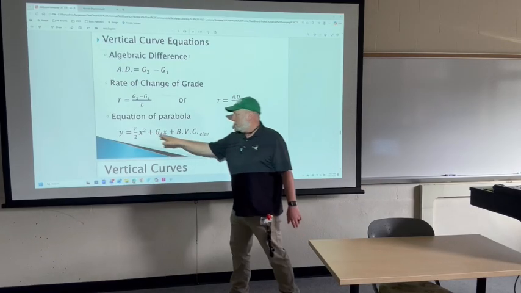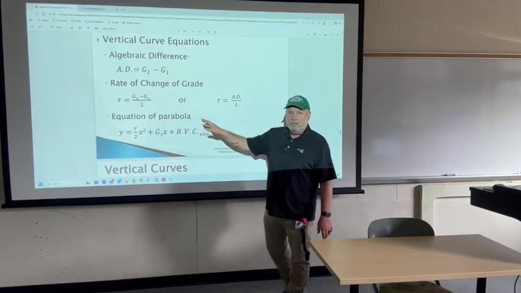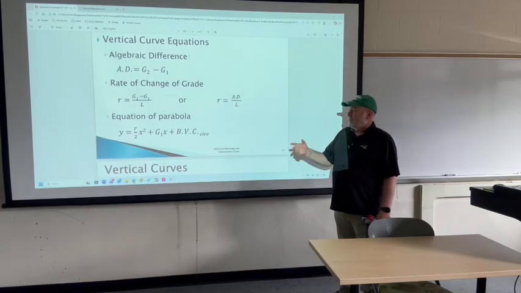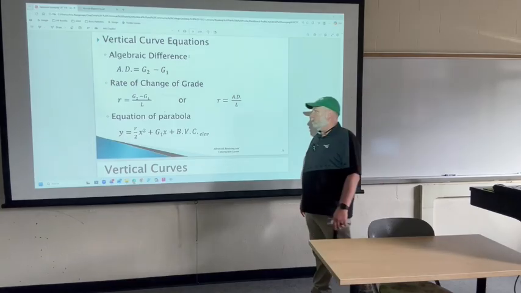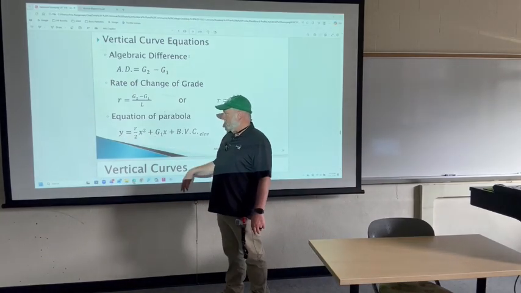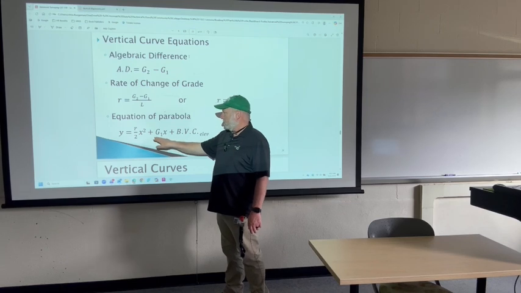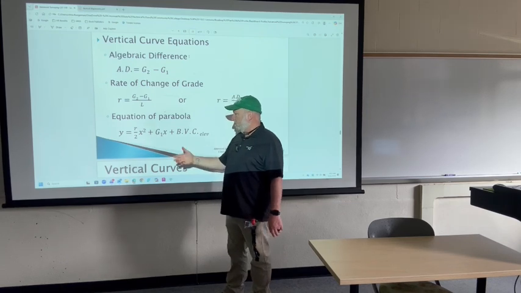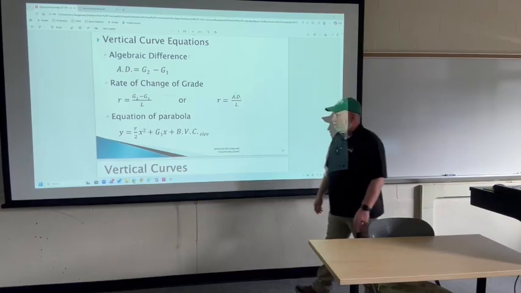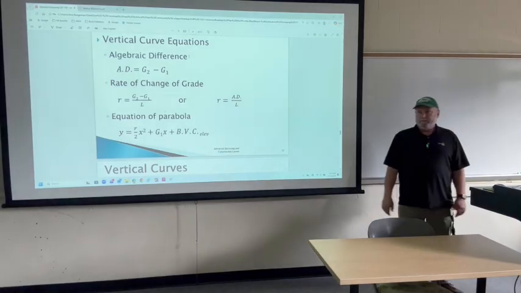You're just going to square it at the beginning and then just leave it as is in the second part. So do that little calculation there, r over 2 times your distance squared. Then jump over to your G1 times your distance. Add those to your begin vertical curve elevation. Any questions?